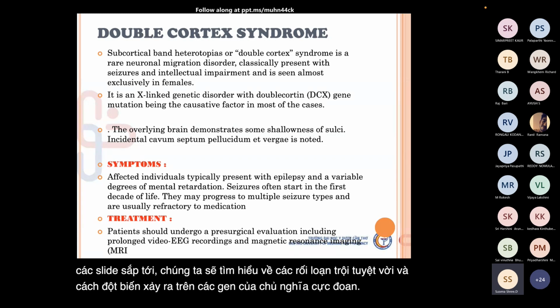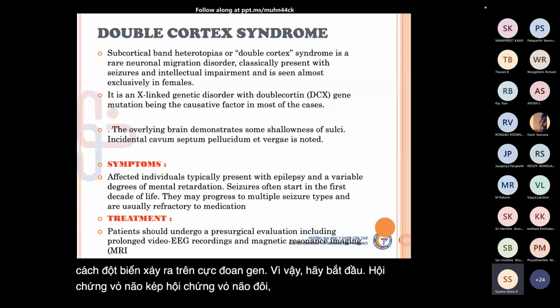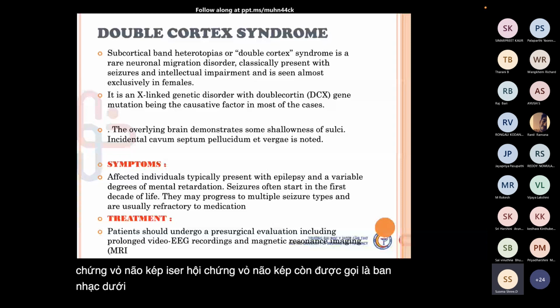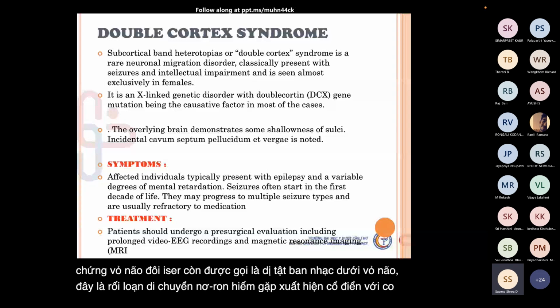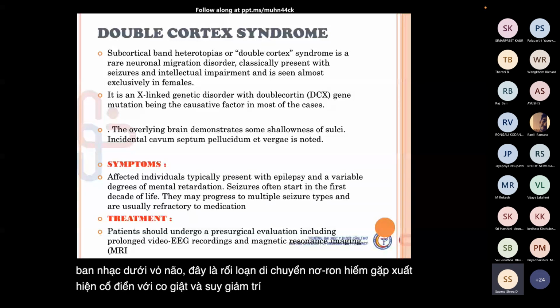Double cortex syndrome, also called subcortical band heterotopia, is a rare neuronal migration disorder classically presenting with seizures and intellectual impairment and seen almost exclusively in females.